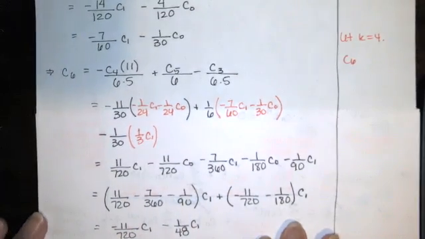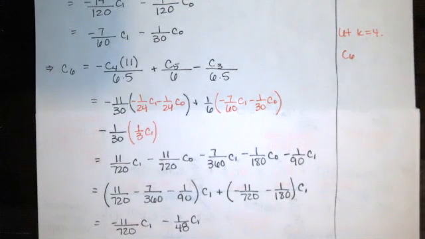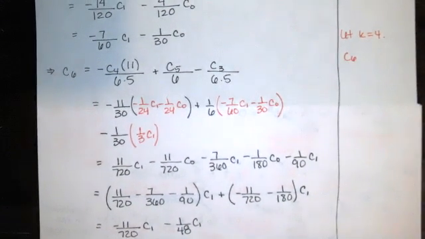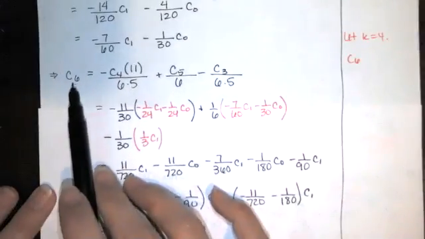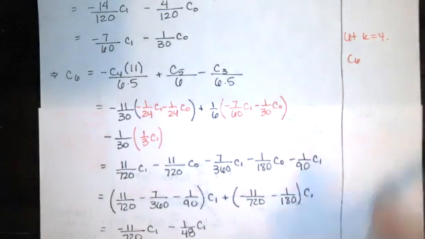Okay, great. So now we've got enough coefficients in terms of c sub 0 and c sub 1 that we are ready to substitute into the form of the solution. Notice that we went up to c sub 6, so we want to write down our solution going all the way up to c sub 6 times x to the 6th.